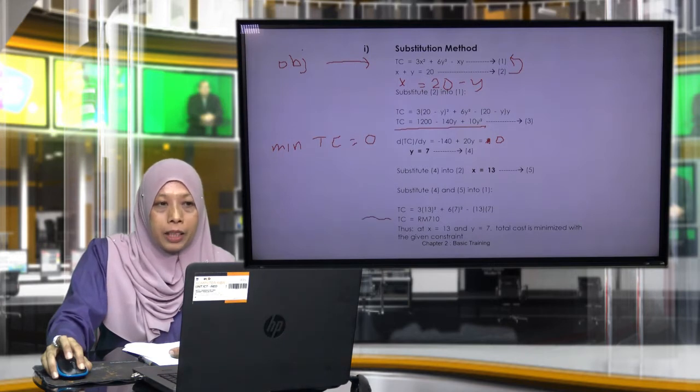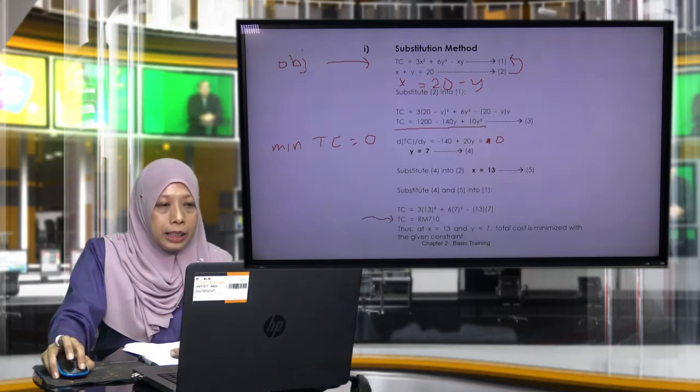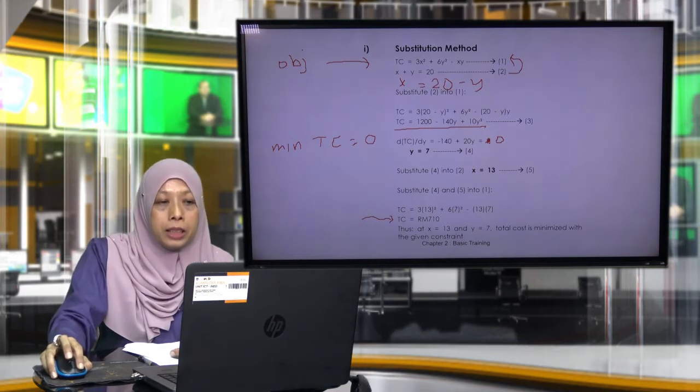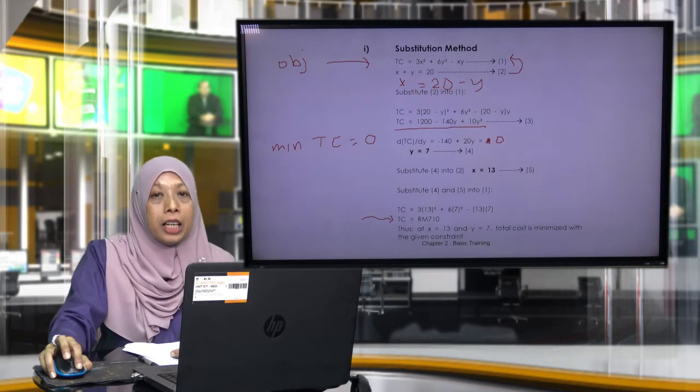Now, you can proceed by finding the minimum value of total cost if you are interested. What you need to do is simply substitute the values of y and x into your total cost function, and you're going to end up getting 710.